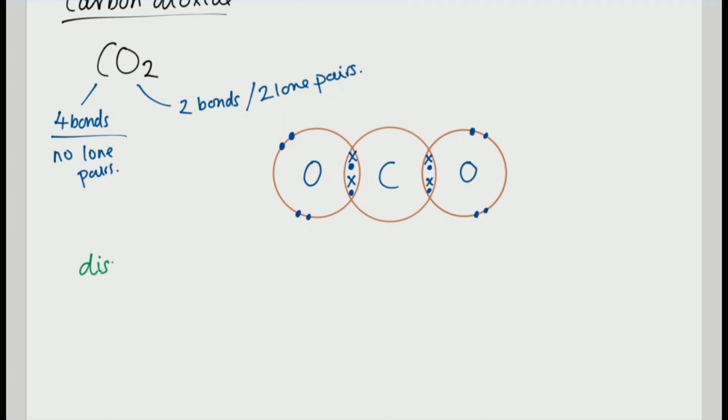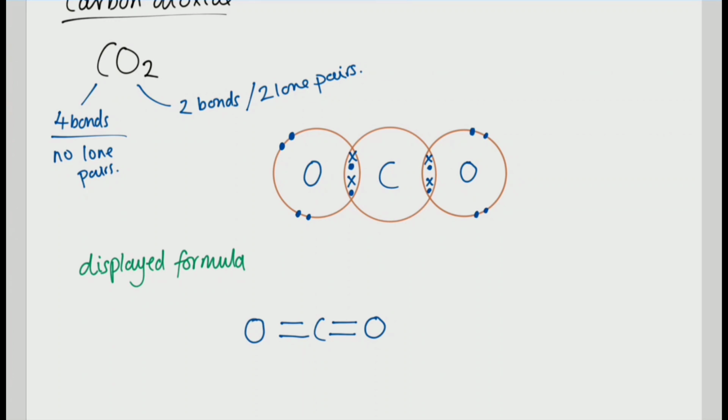Now from this we can draw the displayed formula. Here we're going to write the carbon in the center. Remember, one line represents a pair of shared electrons, but we've got 2 pairs of shared electrons, so we draw 2 lines, and this is known as a double bond. So 2 lines between each carbon and oxygen.